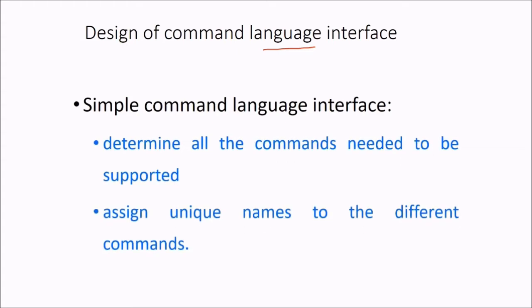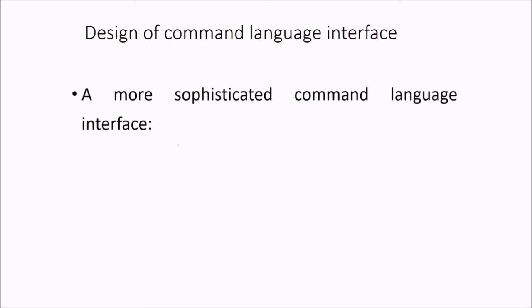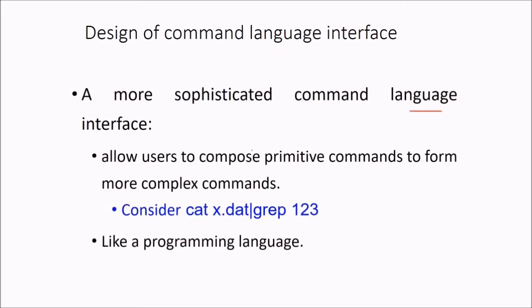First, determine all the commands that need to be supported, and assign unique names to the different commands, because they should not match the system commands, and they should be easily understandable, readable, and memorizable. A more sophisticated command language interface allows users to compose primitive commands to form complex commands.